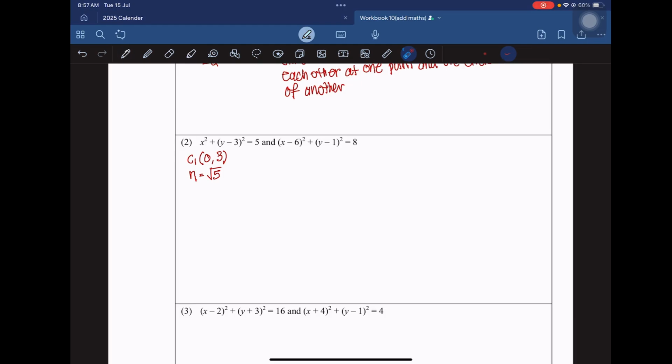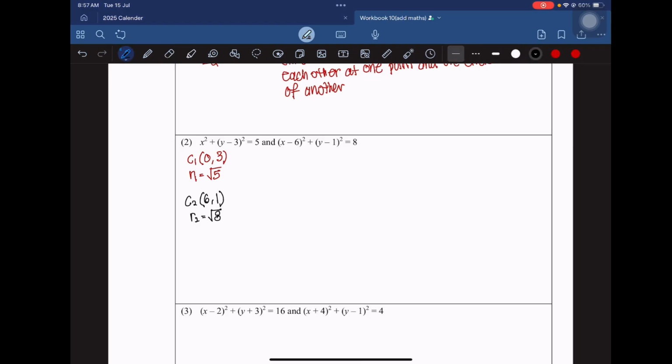Okay, now the next one is the second one. Your C2 is 6 and 1. X is 6, y is 1. Then your R2 is equal to the square root of 8, because of the 8 here. So as usual, we will find D first.